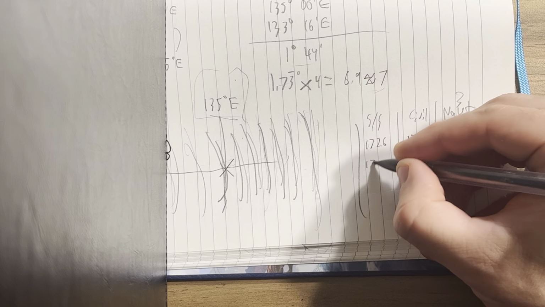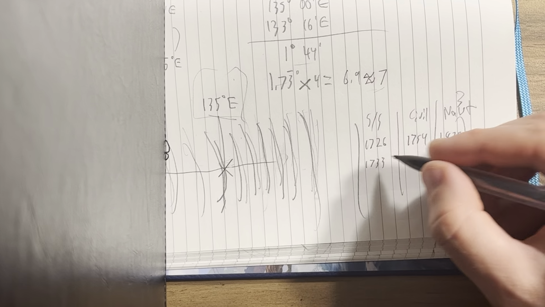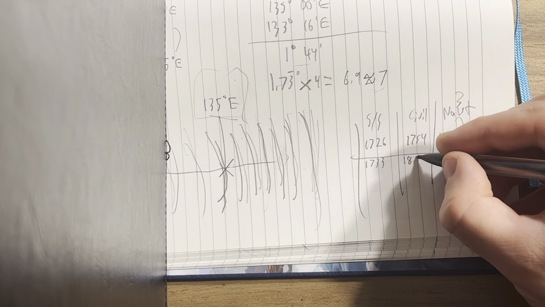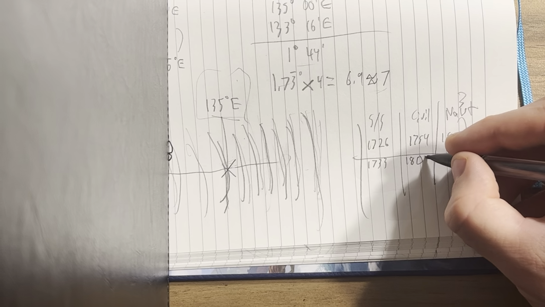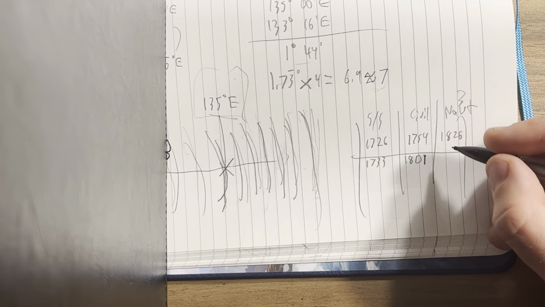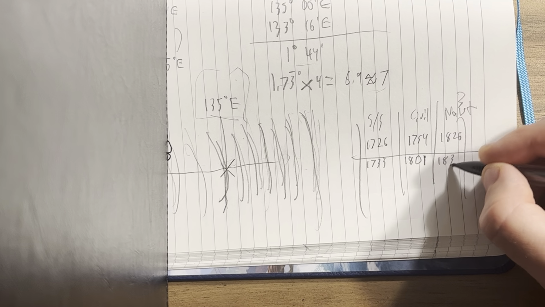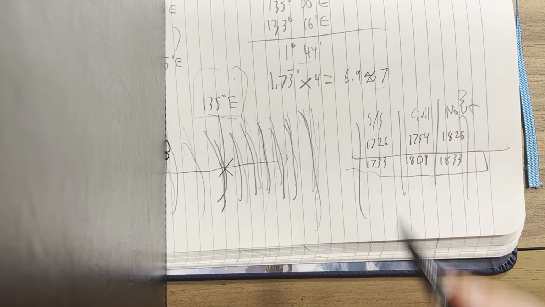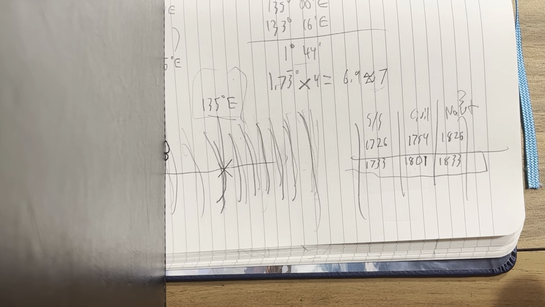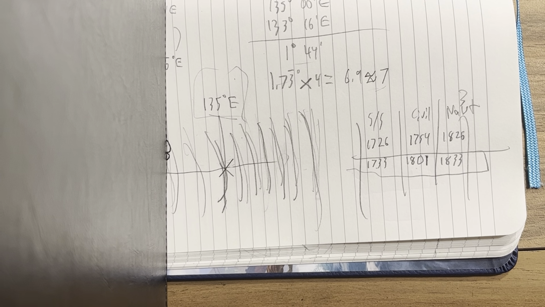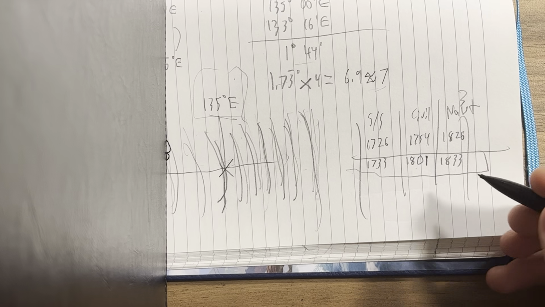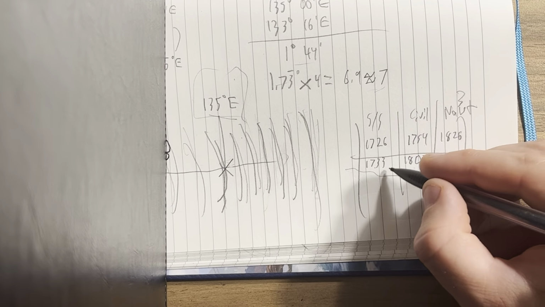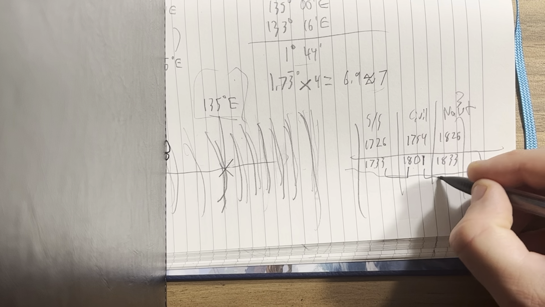So for that, we'll get 1733, 1801, and 1833. So those are our actual times of sunset, civil twilight, and nautical twilight at the exact position that we were working off of. Now, the only final step we got to take is we have to find star time. Remember, star time is halfway from here to here and halfway from here to here.